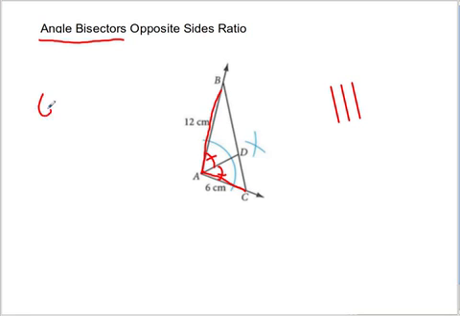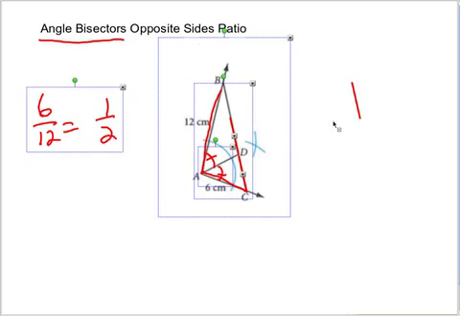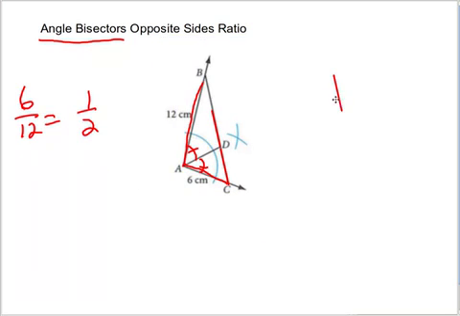That ratio is 6 to 12, which means it's a ratio of 1 to 2. Now, let's just do a little inductive experiment here. If I take this side length right here, how many of those side lengths does it take to find the other? Look at that. It's exactly 2.